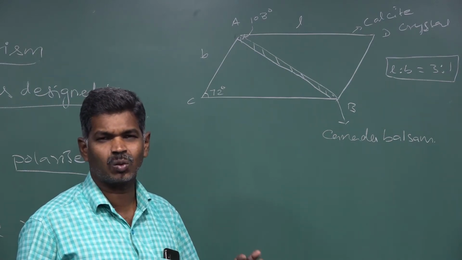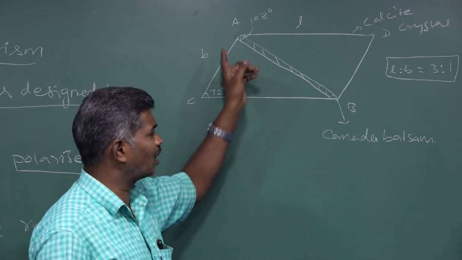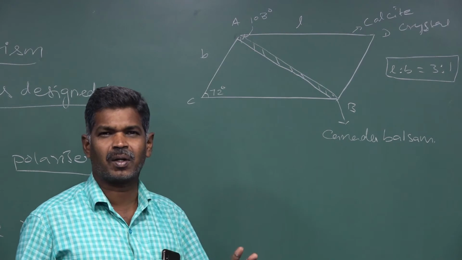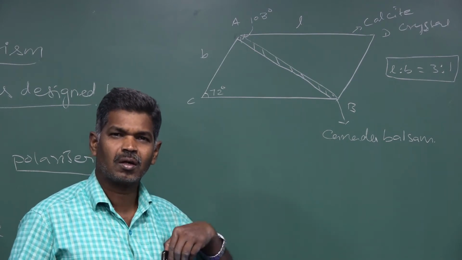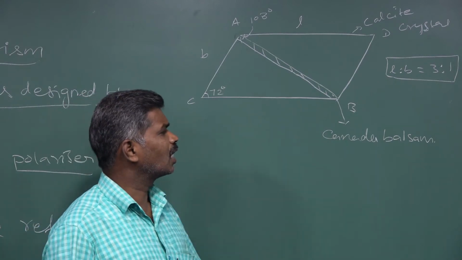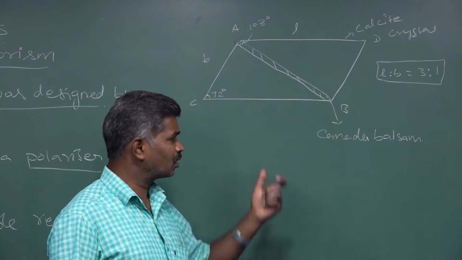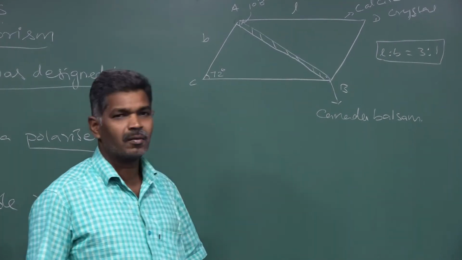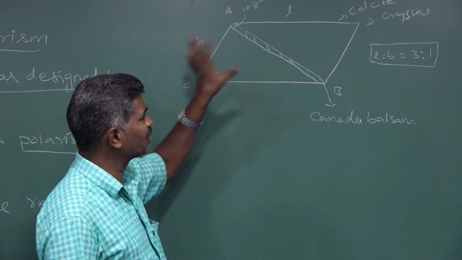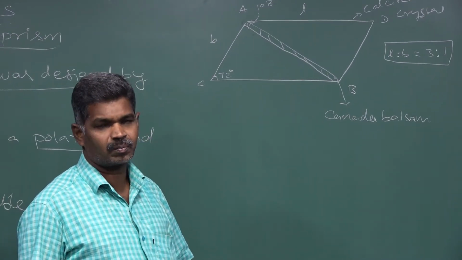This crystal is cut into two pieces along its diagonal. The cut parts are once again combined using Canada balsam cement, which is used like a paste. That is the construction of our Nicol prism.